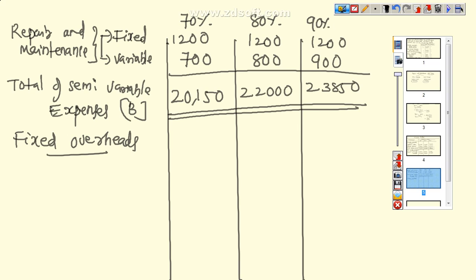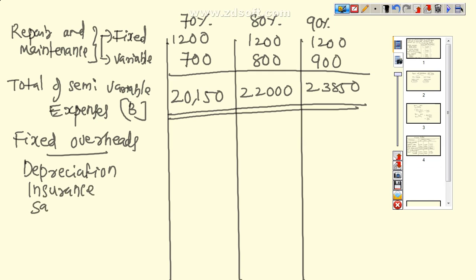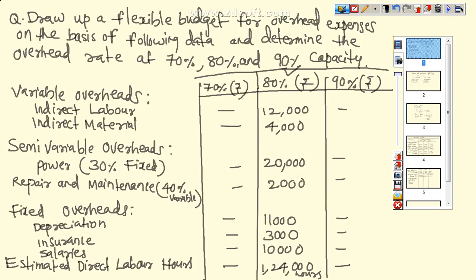So we write it under this depreciation, next one insurance and salary. So fixed costs are those costs which do not change according to change in level of production. So depreciation is given according to the question 11,000, 3,000 and 10,000.